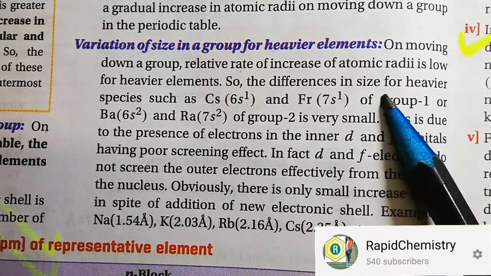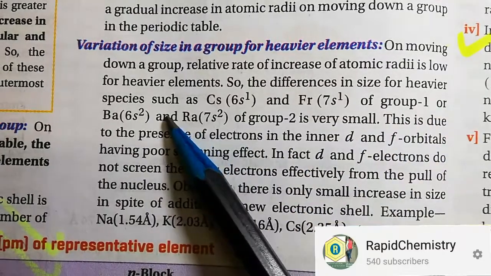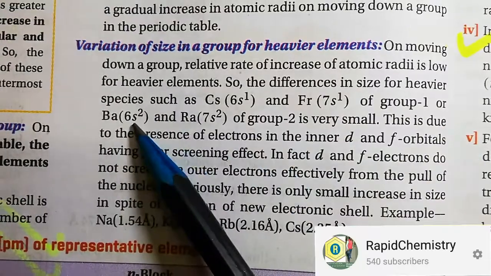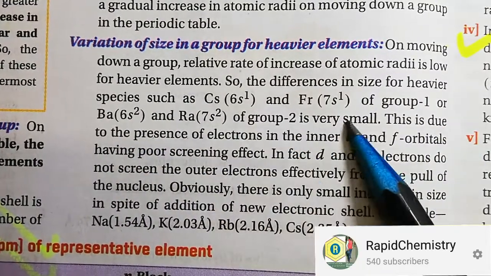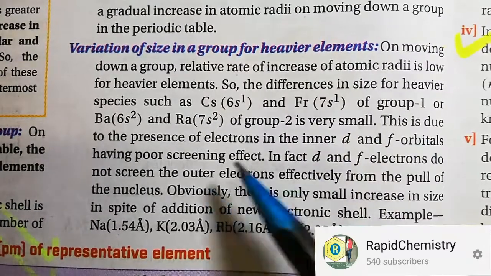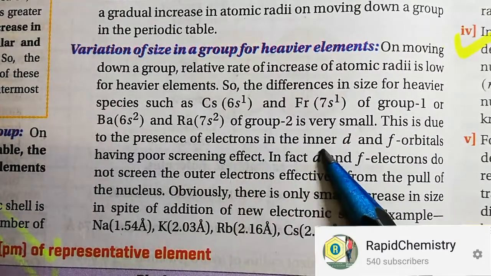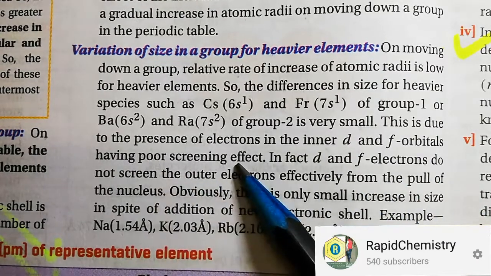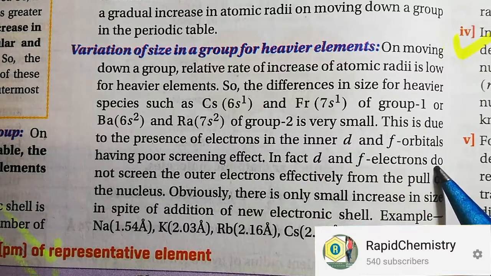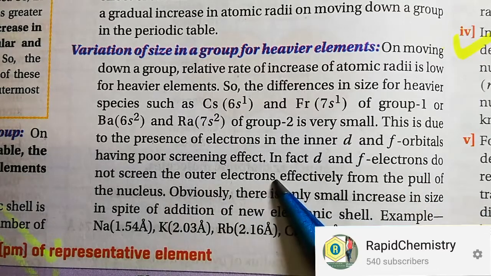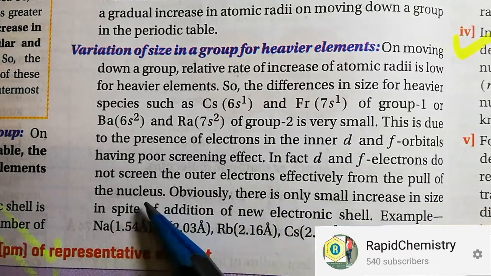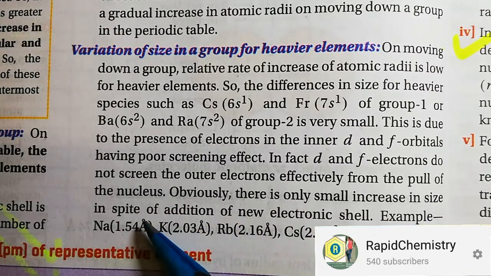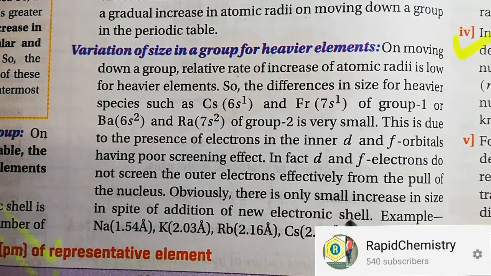So the differences in size for heavier species such as cesium and francium of group 1 or barium and radium of group 2 is very small, and this is due to the presence of electrons in the inner d and f orbitals, having poor screening effect. In fact, d and f electrons do not screen the outer electrons effectively from the pull of the nucleus. Obviously, there is only a small increase in size in spite of addition of a new electronic shell.